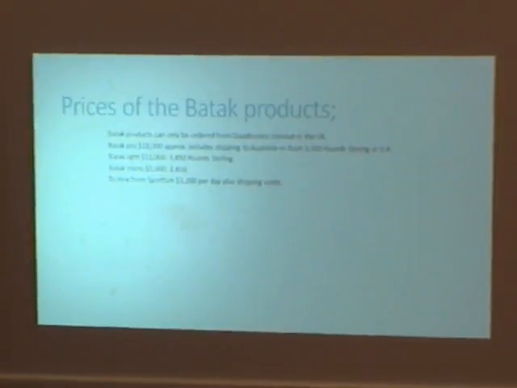If you go to the UK and buy it yourself, it's £5,500 for that one, £3,850 for the Light, and £2,850 for the Micro. To hire the Batak board in Australia, it costs $1,200 a day, plus shipping from Sim Sports. And they were the only people I found who actually hired as well.